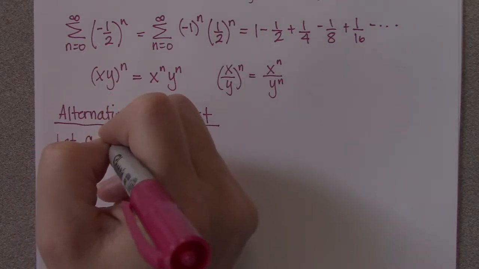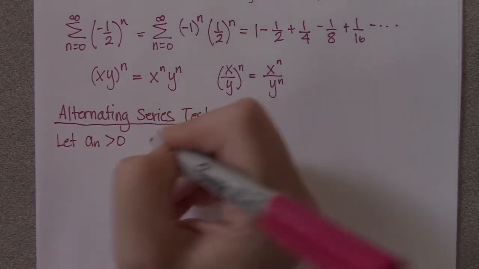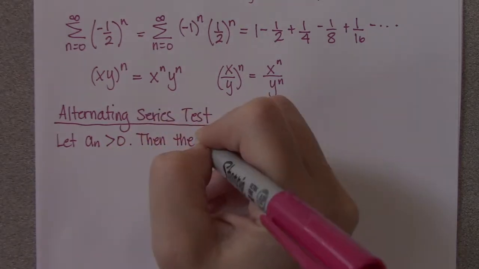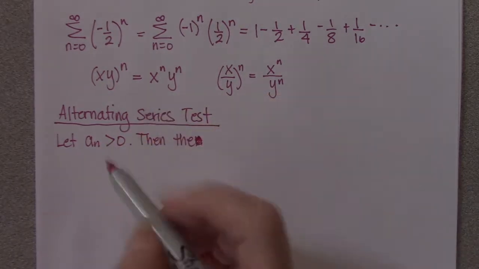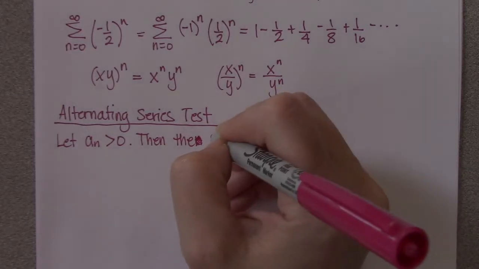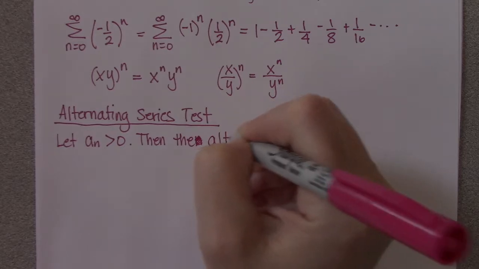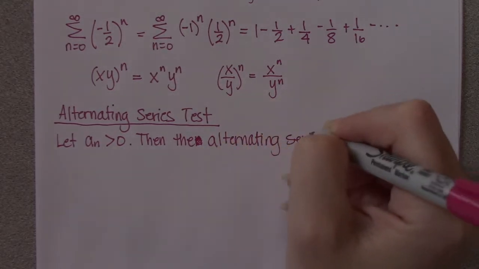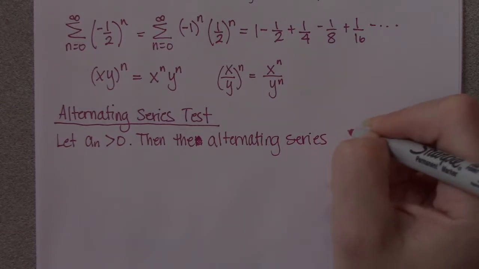Let a sub n be greater than 0. And this is really the first condition. It's just sort of implied in the definition. But then the alternating series.